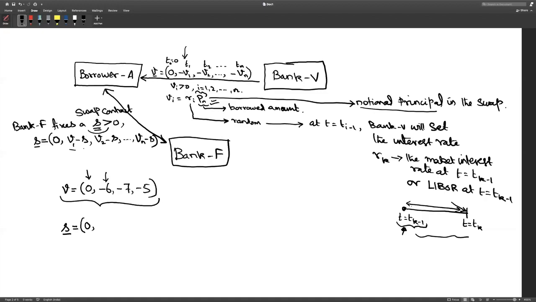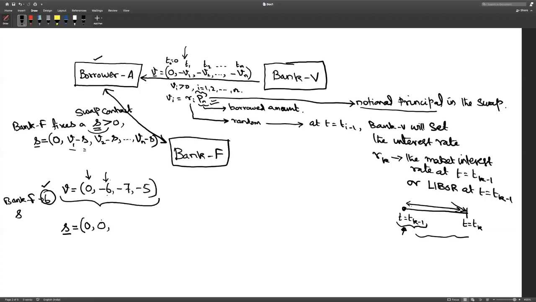So if bank F fixes S equal to 6, the first component is 0. It means at time T equal to T1, bank F doesn't give any money to borrower A, because in the swap he is already agreeing to 6%. It means he is fine with 6% fixed for all the periods.